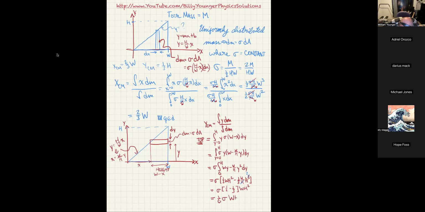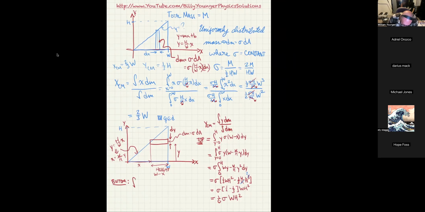times WH squared. Now I've got to do the bottom, which is going to be a lot easier as you'll see, but let's do that. Remember the formula, the answer formula is an integral over an integral. So I'm now doing the bottom integral.